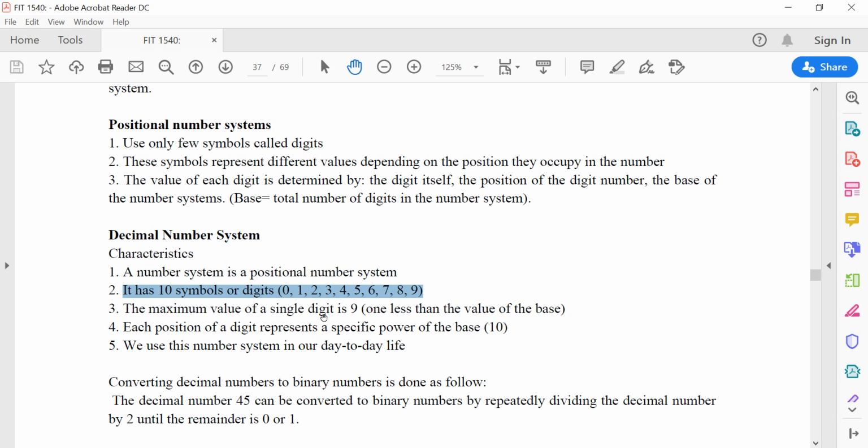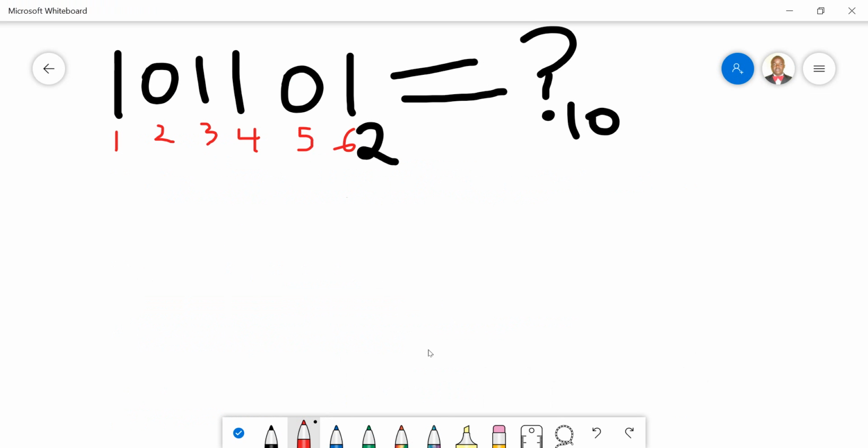The maximum value of a single digit is 9, so it's from 0 to 9. So this is what we're going to do now. Let's just work on how to convert this binary number to a decimal number.